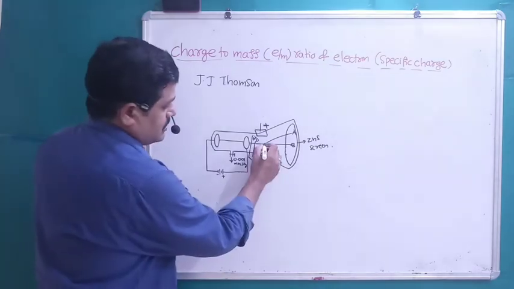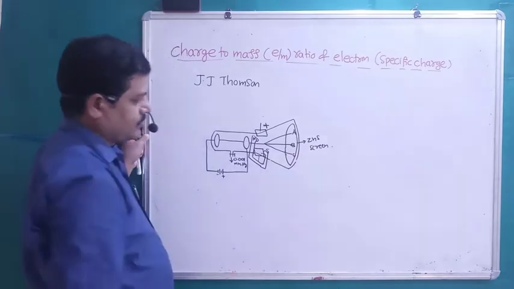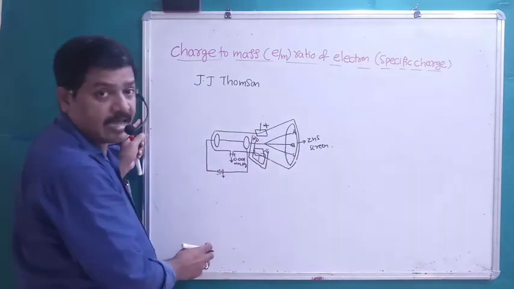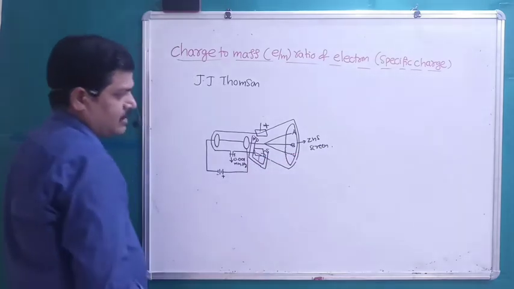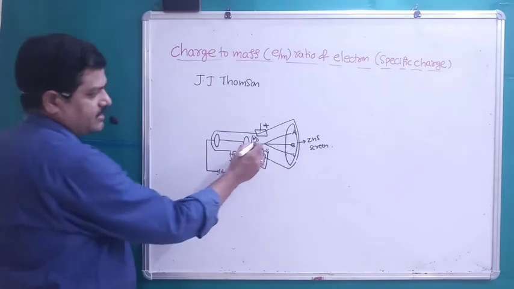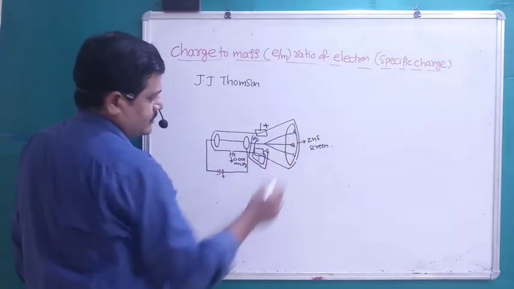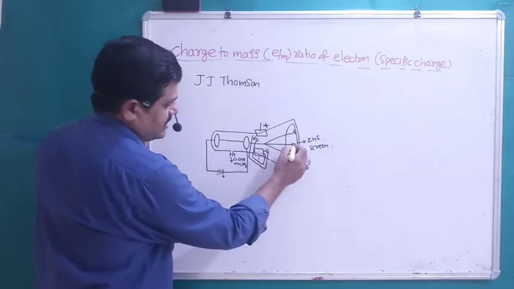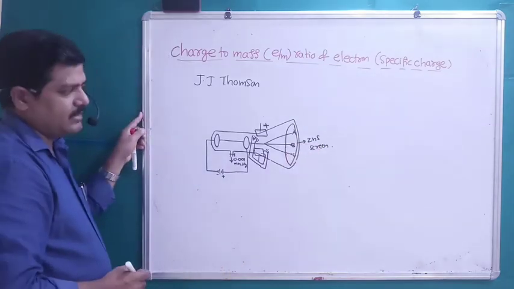Then the cathode rays are hitting at the point C. With the magnetic field alone, the rays hit the screen at point C. With the electric field alone, they hit at point A. When there is no field, they hit the screen at point B.